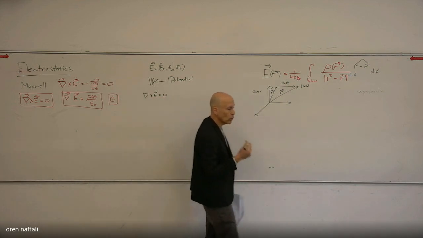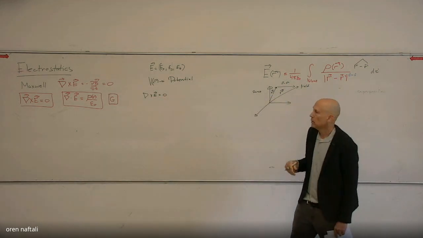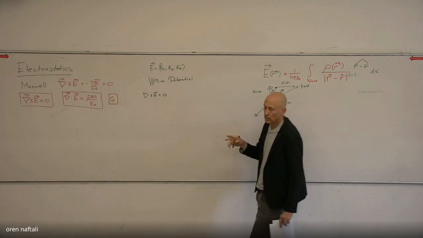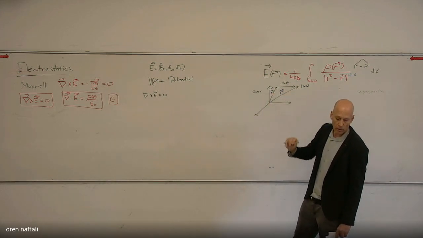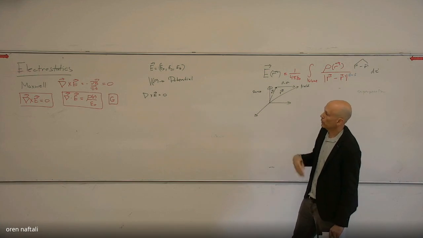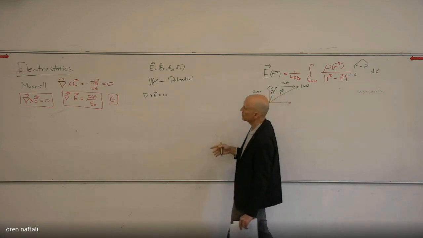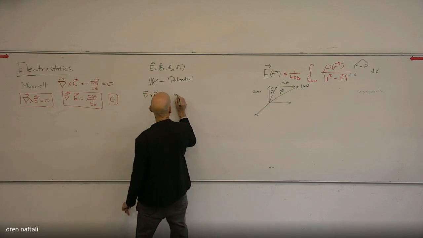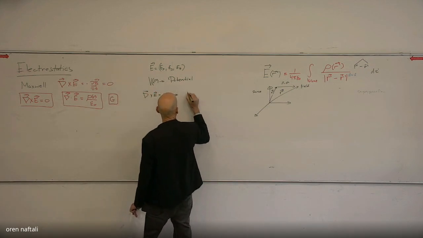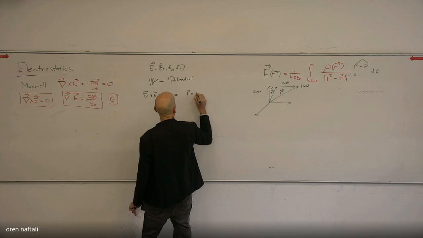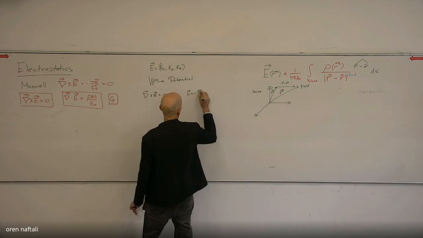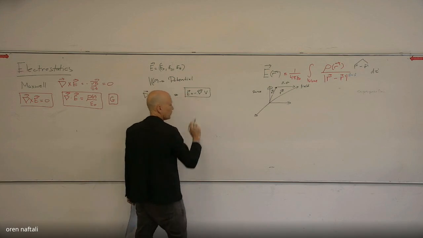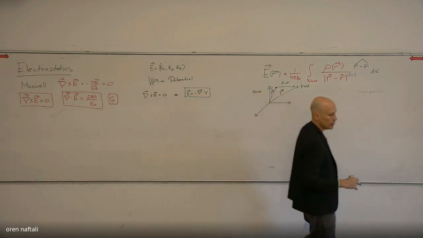Once we go back to dynamics, where the magnetic fields are time dependent, then we have to think about this, and we'll also have all kinds of magnetic potentials. Because of this, it immediately follows, and I'll show it to you, that you can write E as minus the gradient of V. There exists some function V that gives you E.